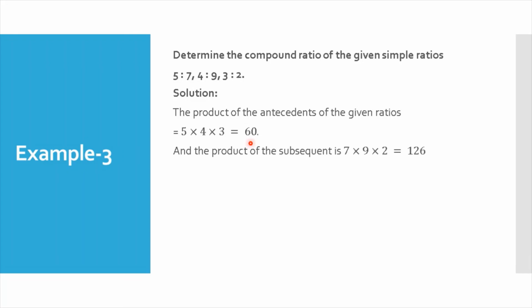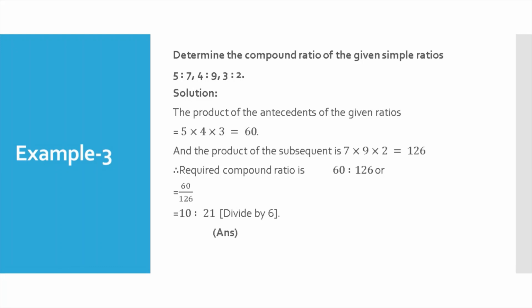The product of the subsequents, 7 multiplied by 9 multiplied by 2, would be 126. Required compound ratio is 60:126, or if we reduce it, we get 10:21. So that is our desired answer.